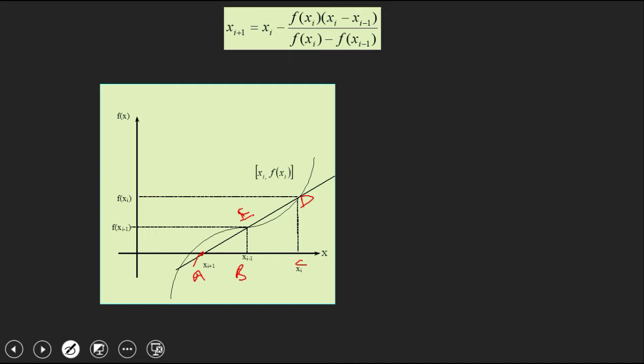If we look at the drawing, we have A, B, E, and the drawing A, C, D.